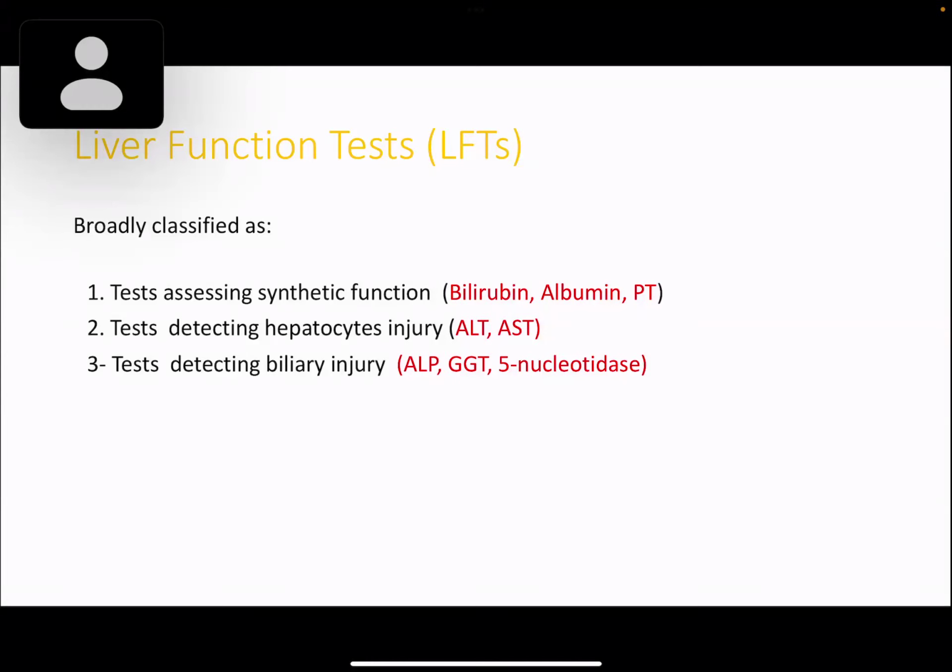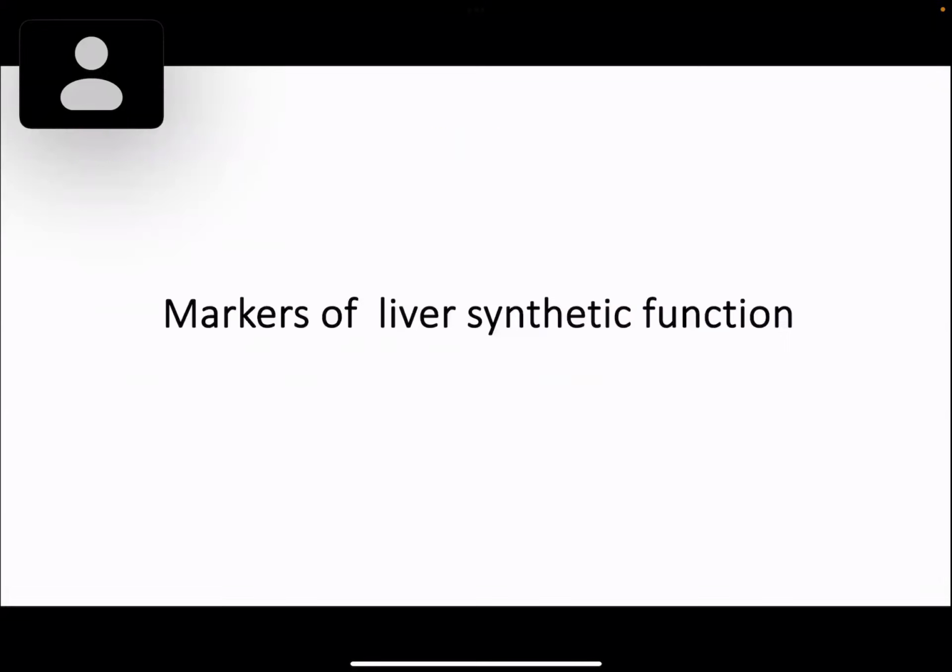Then tests that can determine hepatocyte injury, important of which are the ALT and AST enzymes. And tests that can detect any biliary inflammation, injury, or obstruction. These are reflected by the alkaline phosphatase, GGT, and 5-nucleotidase.